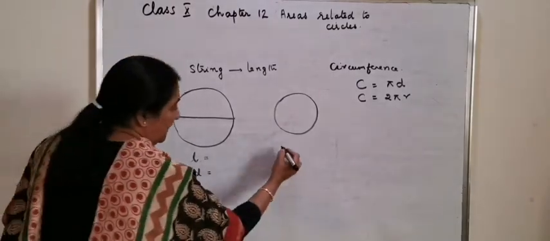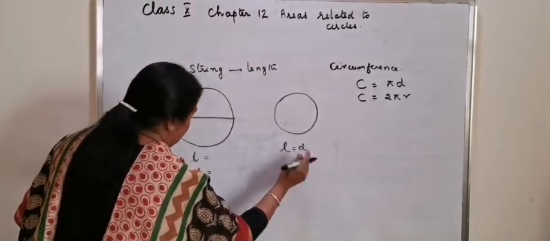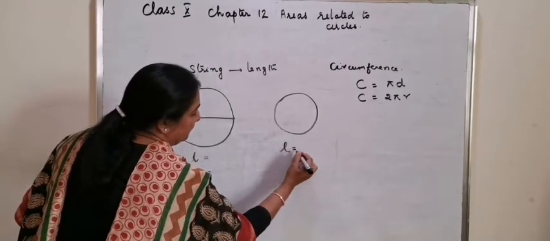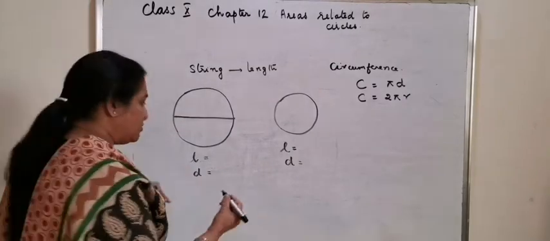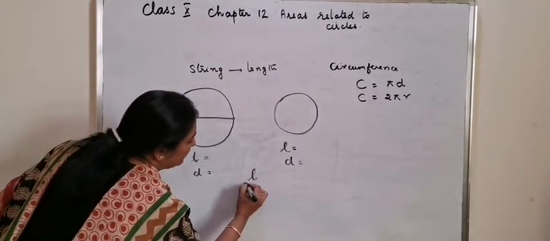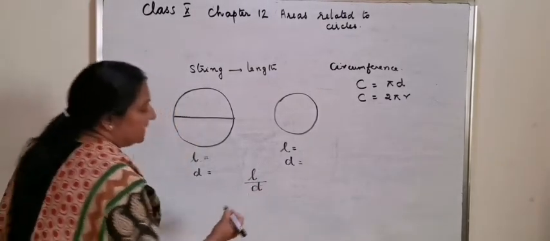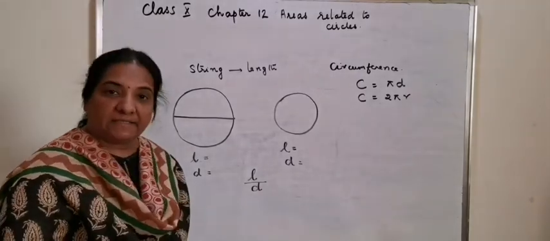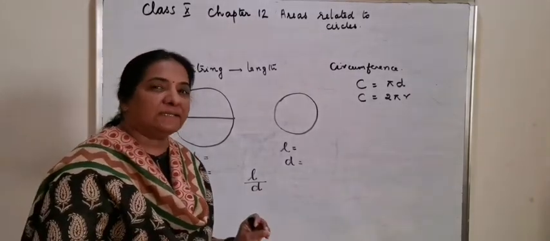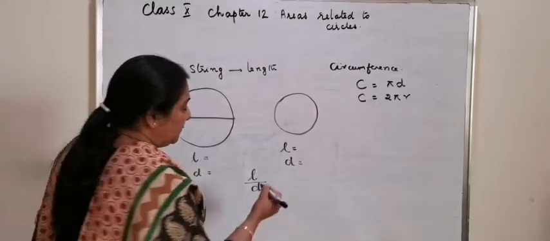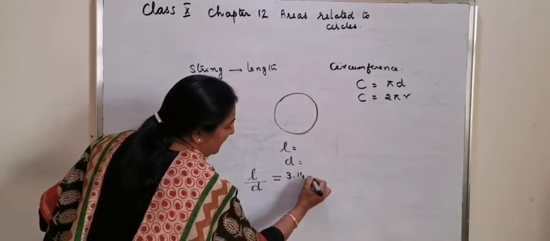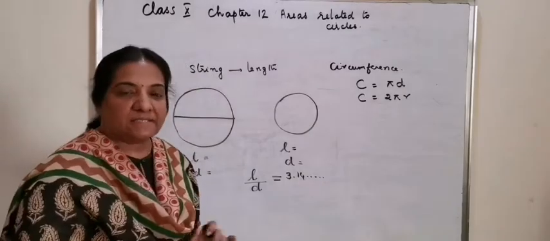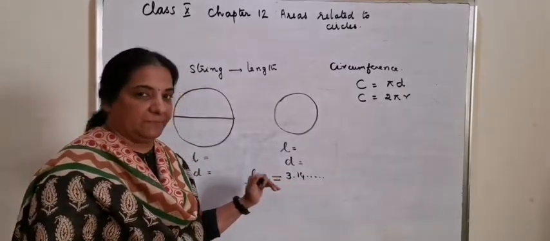In all the cases the diameter and the length are taken, and the ratio of the length of the string divided by the diameter is calculated, and in all the cases the ratio has turned out to be a fixed value, approximately the value of pi.